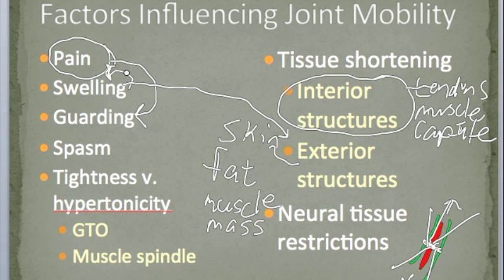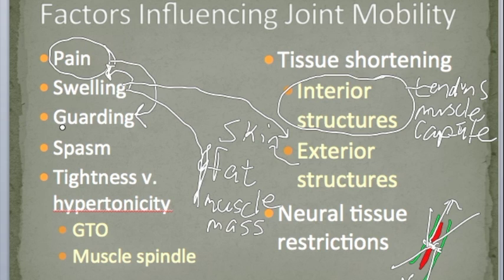You also have some of this same type of thing where if you have a bunch of swelling in a segment and it's taking up space around the joint, then when you move it, there's going to be that swollen tissue in the way.